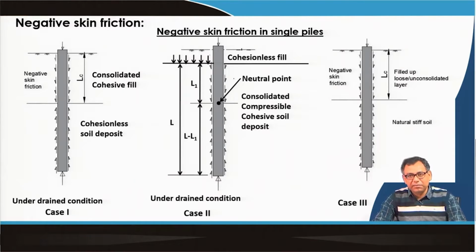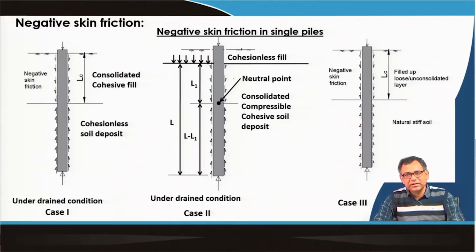But if the relative movement of the pile is less than the movement of the soil, then as if the pile will move in the upward direction relative to the soil. So, the resistance will act in the downward direction.